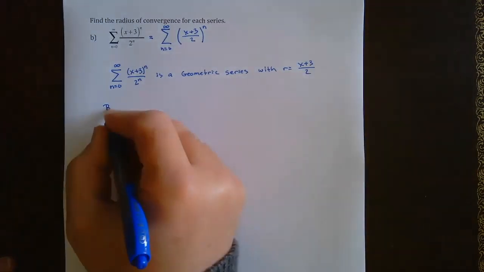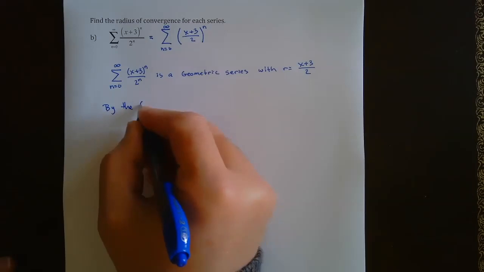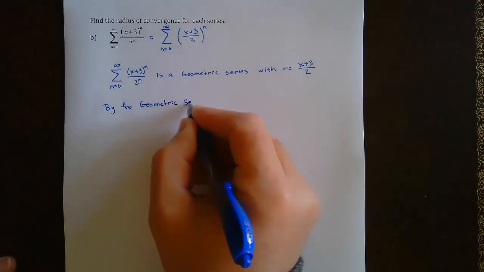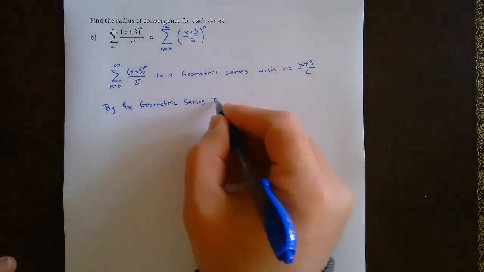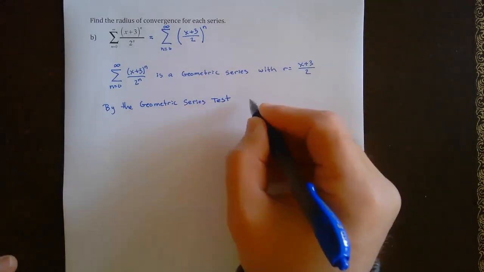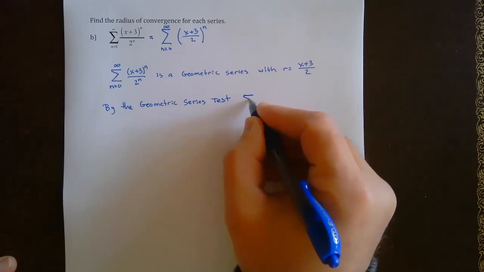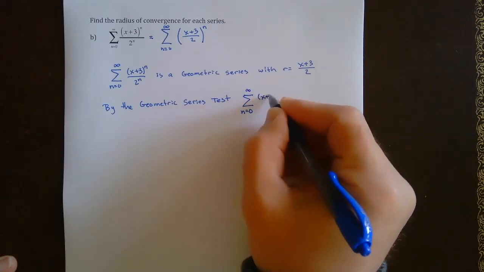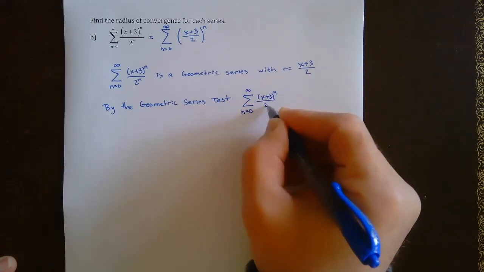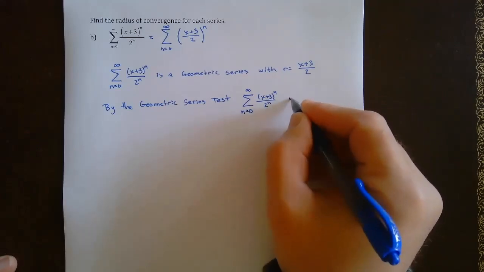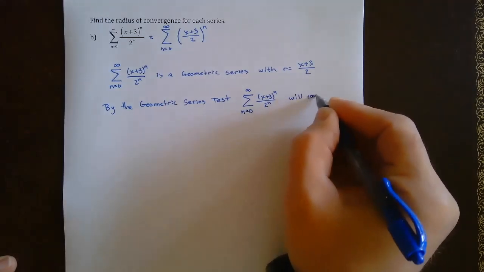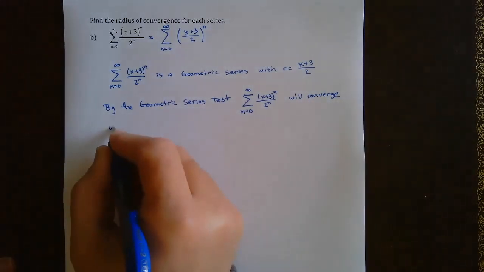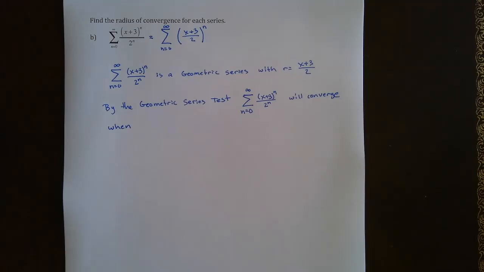And by the geometric series test, sigma n equals 0 to infinity of x plus 3 to the n over 2 to the n will converge when, and how do we know when a geometric series converges?